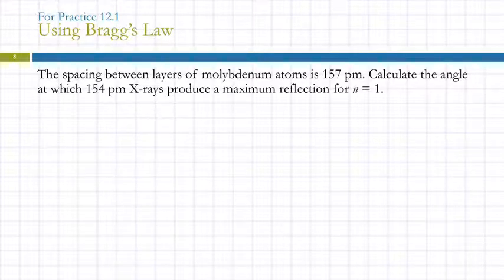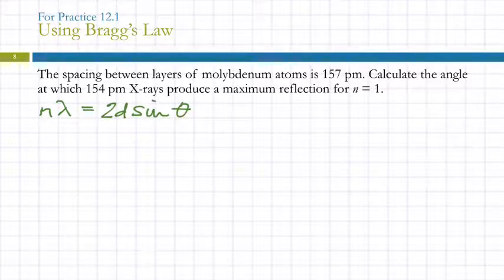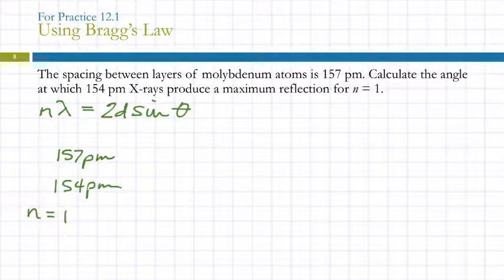So Bragg's law would be given: n lambda equals 2d sine of theta. Let's look at the numbers that were provided here. We've got 157 picometers, and we've got 154 picometers, and we have n equals 1.